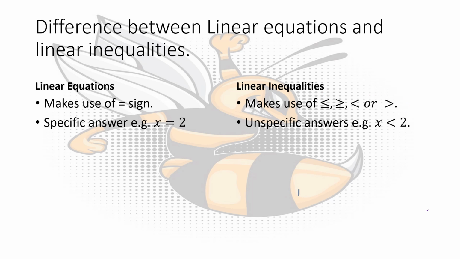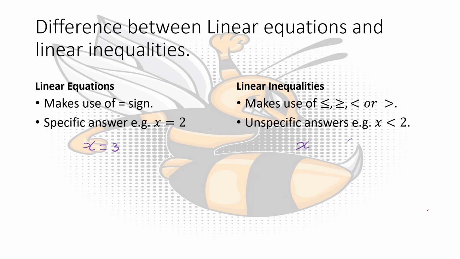Another difference as well is that for linear equations we get specific answers, meaning you know that your x value is definitely going to be 3 or your x value is definitely going to be -4. While with linear inequalities, your x value can actually be any value that satisfies the inequality.